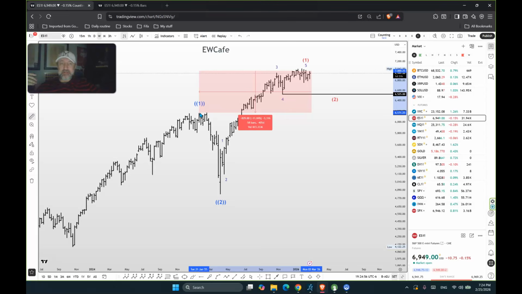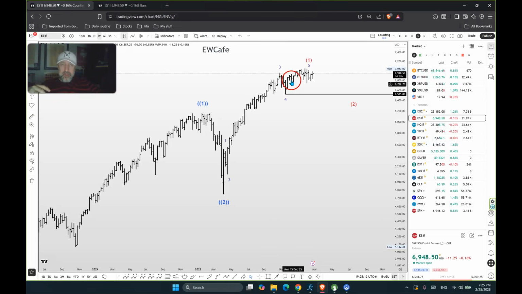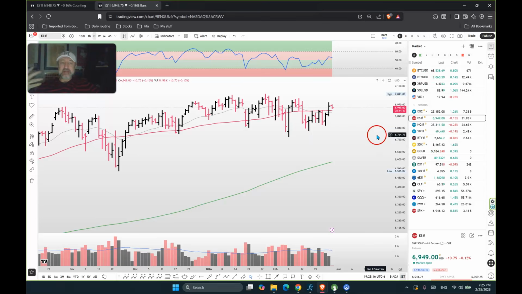So not even a large correction, something that would be kind of standard if we were to find our way into some kind of a corrective move all the way to the top of this wave and then begin the next bull market higher.